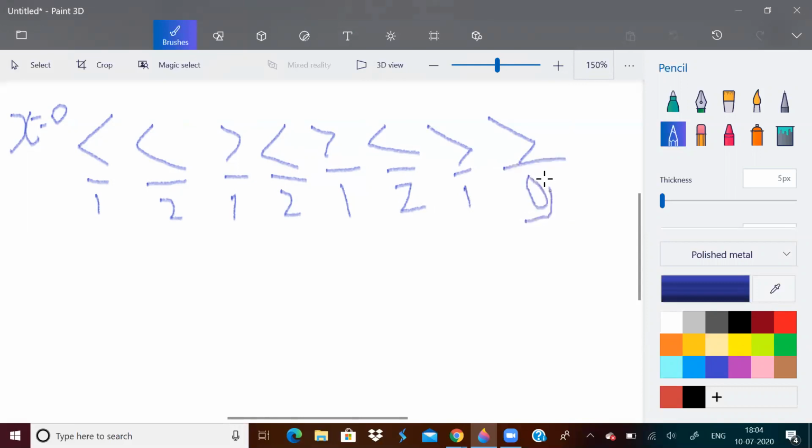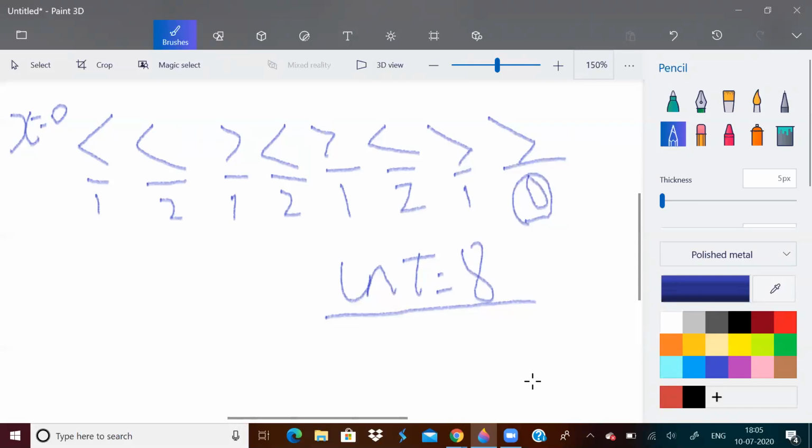So at last we get x is 0. So count will be what? 1, 2, 3, 4, 5, 6, 7, 8. My count will be 8. And this is the answer, the length of the valid prefix. In this case, the entire string is a valid prefix. So the answer will be 8.